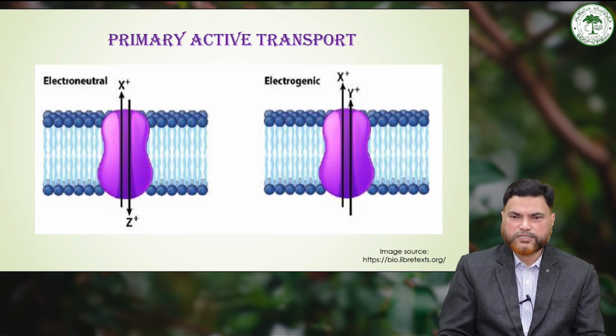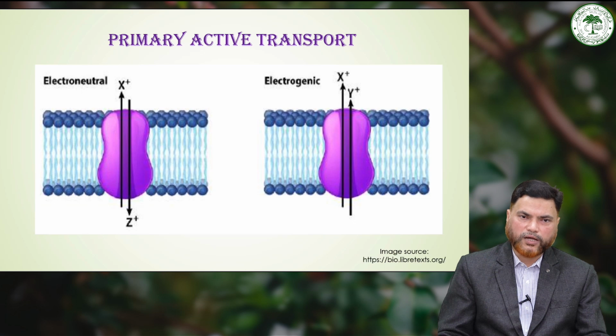The majority of these pumps facilitate the transport of ions such as protons and calcium across the membrane, and they are categorized as ion pumps. Some pumps, those classified under ABC transporters, are capable of transporting larger organic solutes across the membrane.